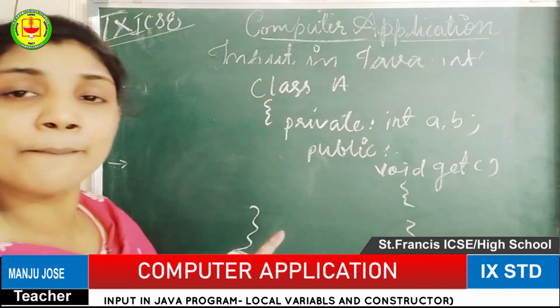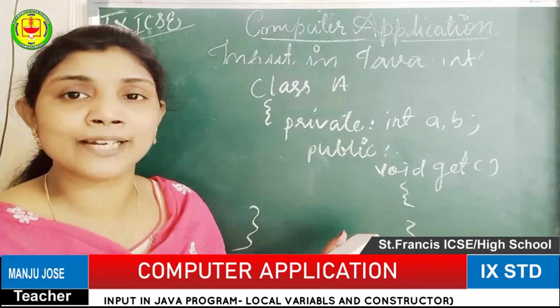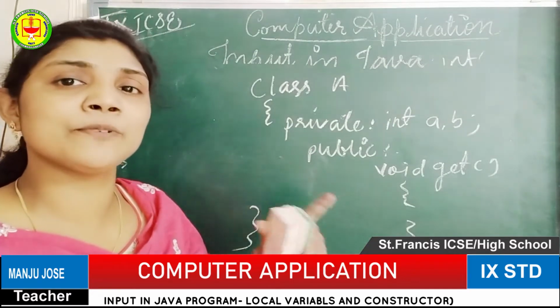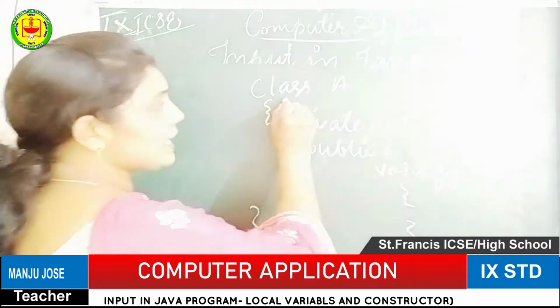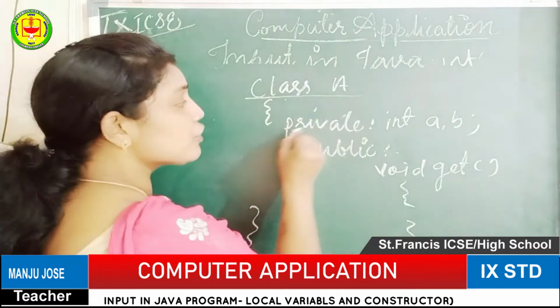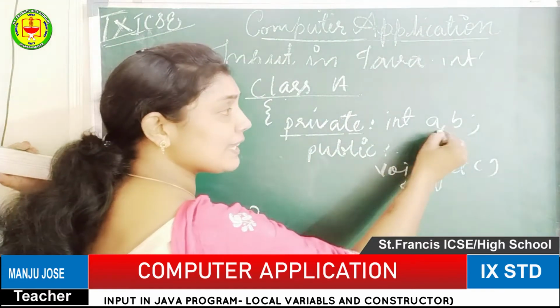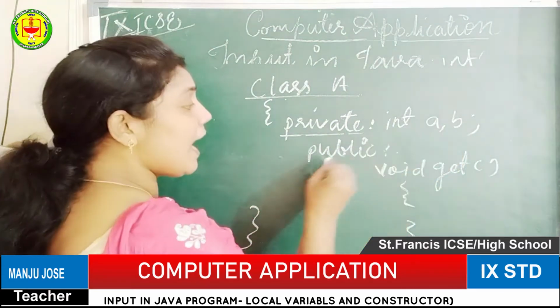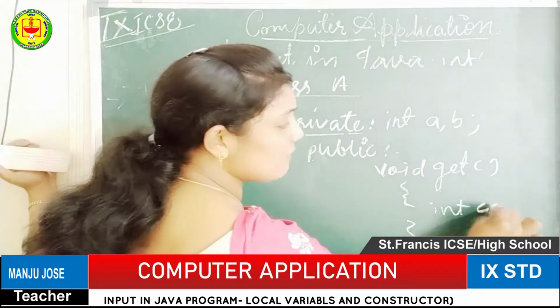This is a simple Java program. This is not specific to Java, this is the object-oriented method, and we can convert the same concept to Java. So here class A is there. Here I have declared private variables A and B, and one public member function. Here I also declared one single variable.